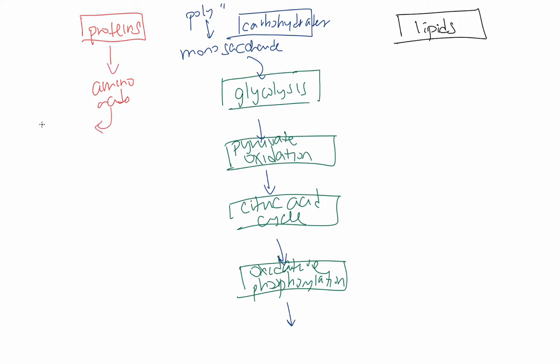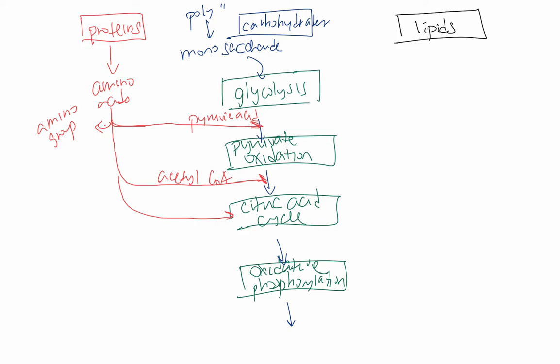Then it will lose an amino group, and it can either enter here as pyruvic acid, or it could enter here as acetyl coenzyme A, or it could just go in the middle as a middle product of the citric acid cycle.